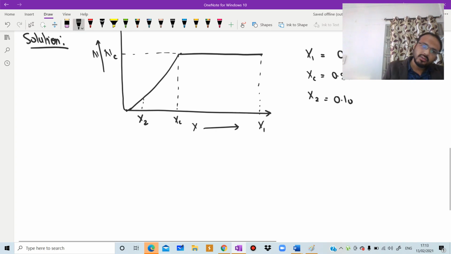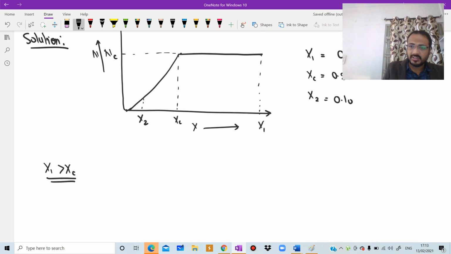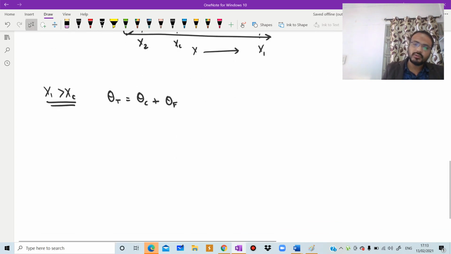I already told you, if the value of x1 is greater than xc, then the total time period will be the sum of constant drying period plus falling rate period. From this point to this point, we have the constant rate period, and from this to this one, the falling rate period, and it is linear. So we have a direct formula.